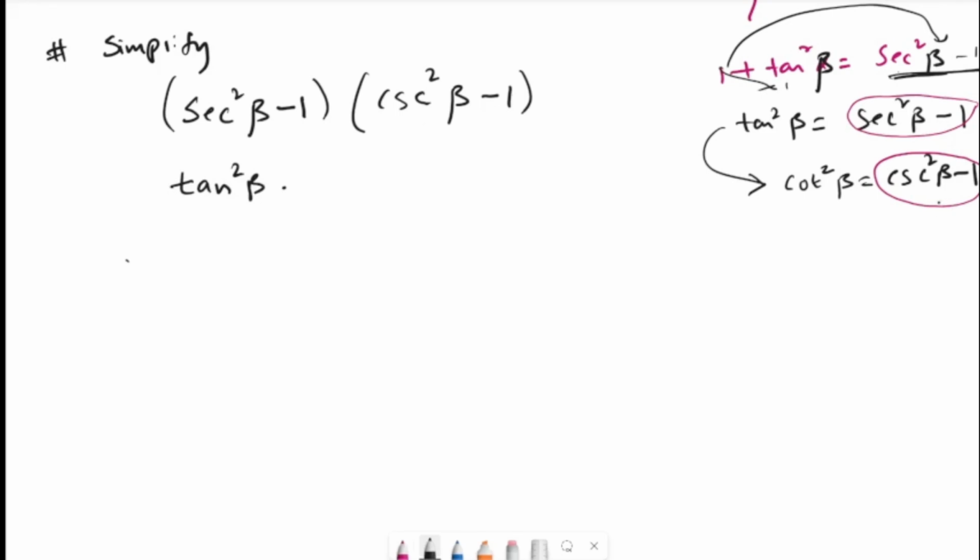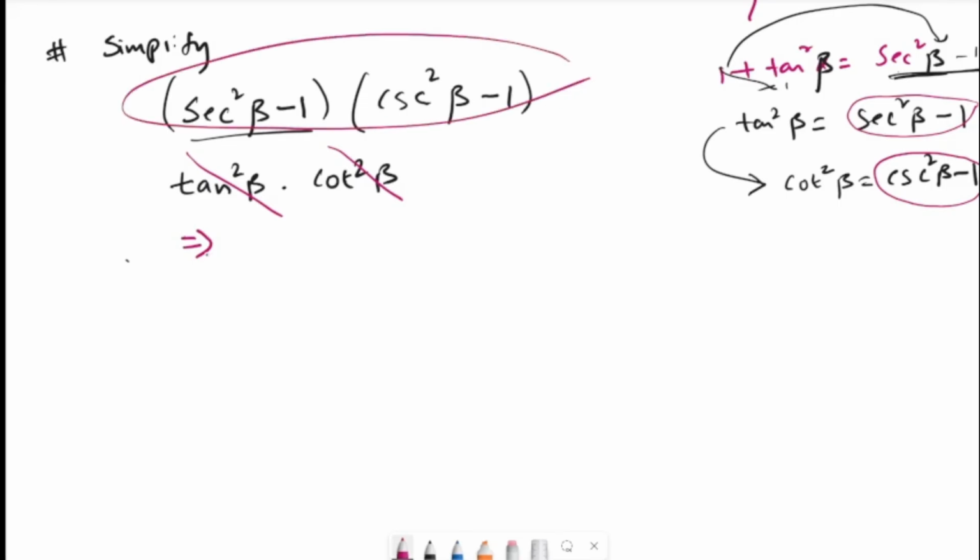Cosecant square beta minus 1 is cot square beta. What is the product of tan square and cot square? Tan and cot are reciprocal of each other. Whenever they come together, they cancel off. It becomes 1. So the whole expression, this complex expression, resolved to 1.